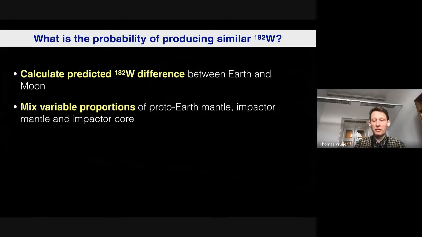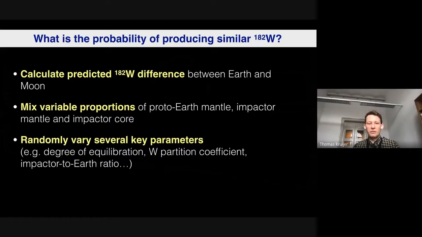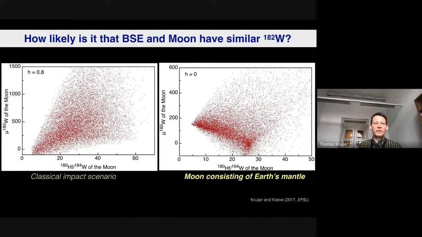Now, there are many factors involved here: parameters like the degree of metasilicate equilibration, partition coefficients, impactor to Earth ratio, and so on and so forth. So it's a non-unique problem. You cannot just solve this, but you can use statistics to see what the effects are when you mix these together. And when you do that, in a Monte Carlo simulation, you end up with this result.